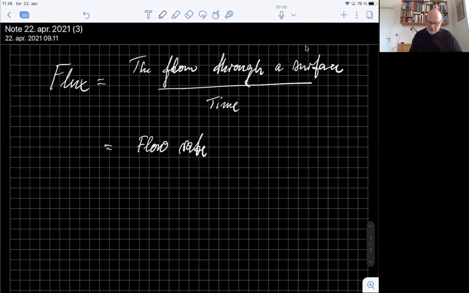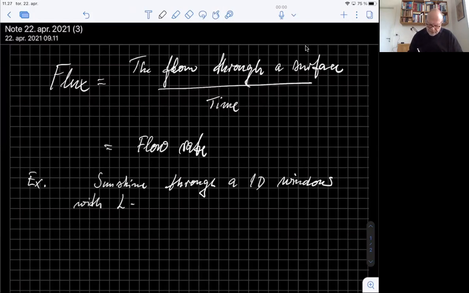And let me give you a simple example. It will be about sunshine through a 1D window with length 1.